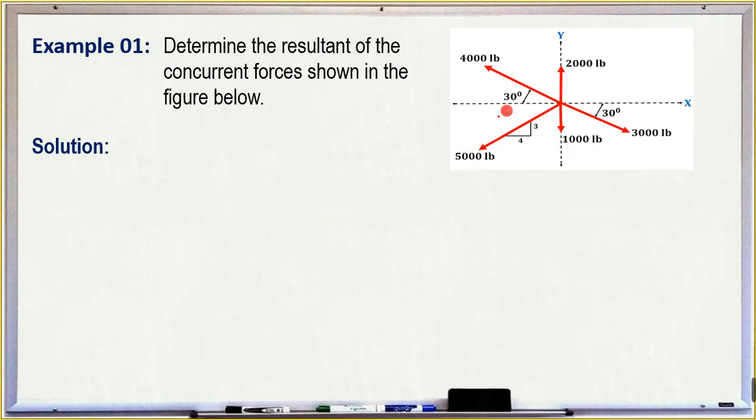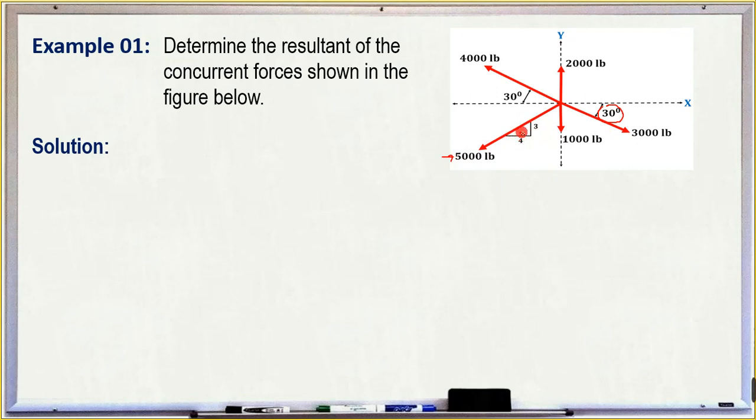Mostly in problems like this, the direction of the given force can be represented by using an angle, just like for the 300 pounds, which uses 30 degrees, on quadrant 4. Whereas this 500 pounds is represented by this triangle method.